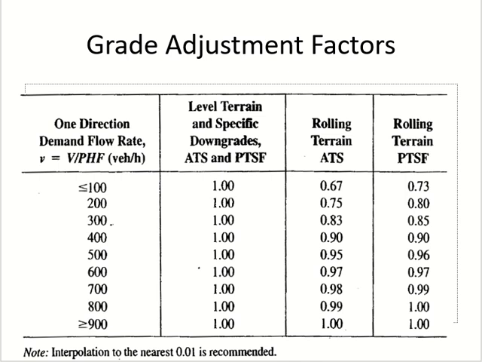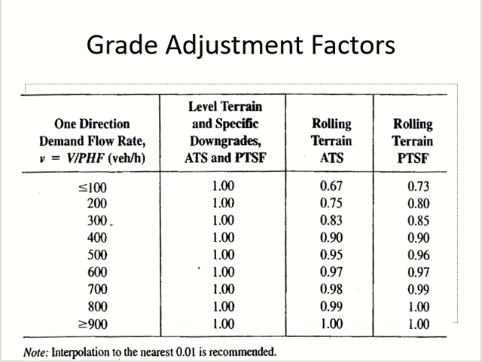We'll start with the calculation of ATS first. To find out FG, I should know the terrain, which is rolling. I should know what I am calculating right now. I am calculating ATS. And what else should I know? Flow rate. Now I told you, in two-lane highways, eventually you have to use it for both directions. You have to calculate the flow rate of both directions. So I need FG for both directions right now.